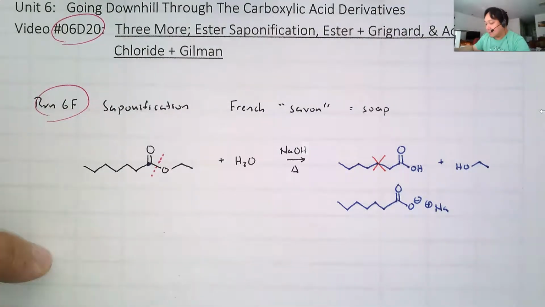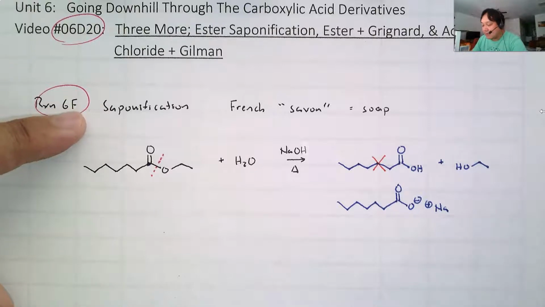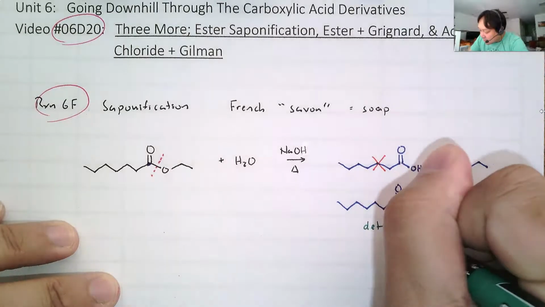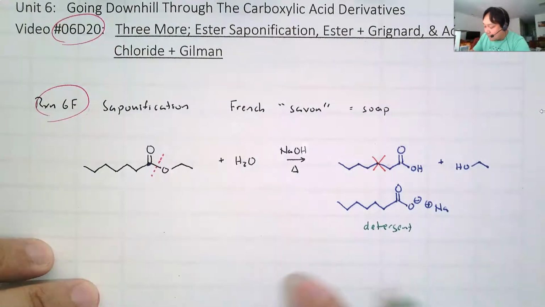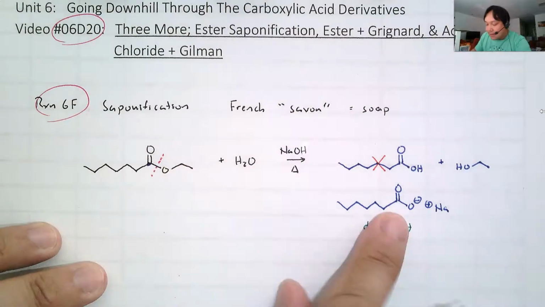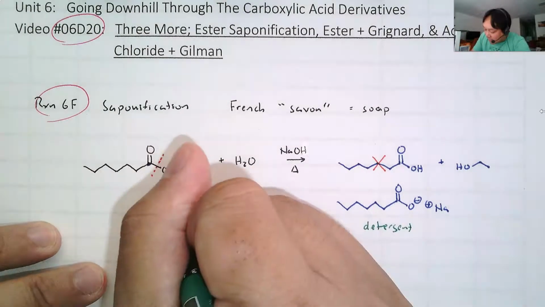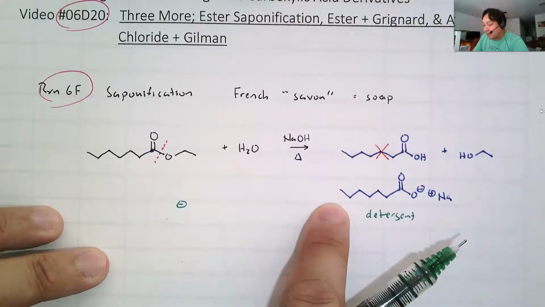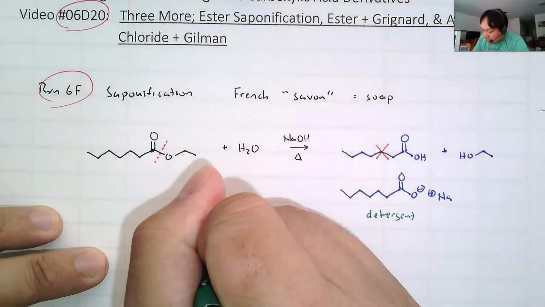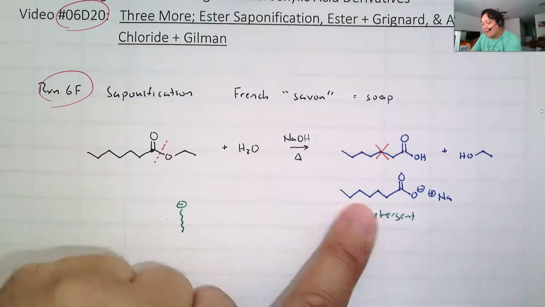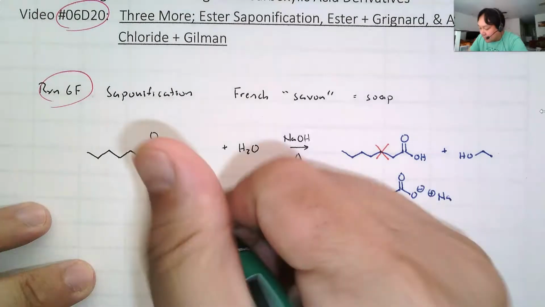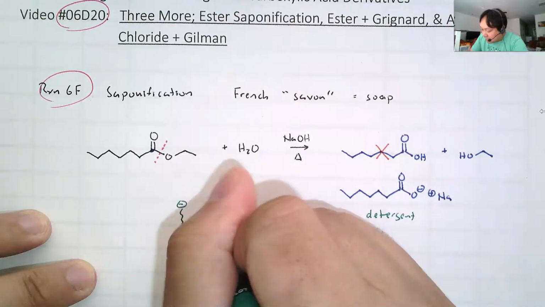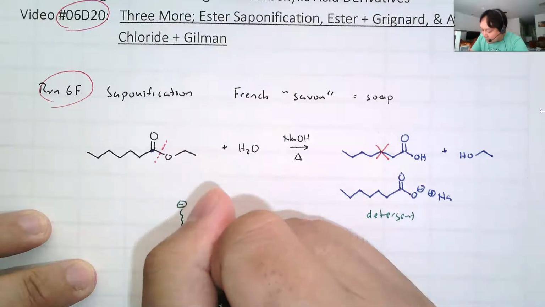Why is this saponification? This is how to make soap, because this is a detergent. When you have a charged head at the start of the molecule, and I'll just put a negative here, and you have a very long hydrophobic hydrocarbon tail, well, this is not very water soluble. So what's going to happen is it's going to form what's called a micelle, and your molecules are going to aggregate like this.